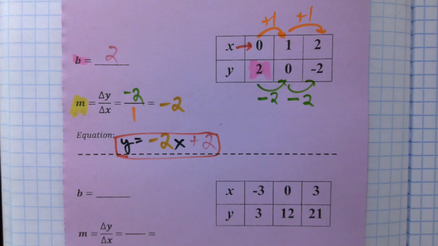Yep, just like that. How many times is 3 going into 9? 3 over 1, which is just 3. It's 3x plus 12.